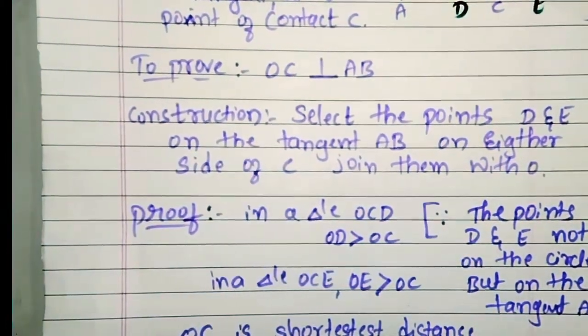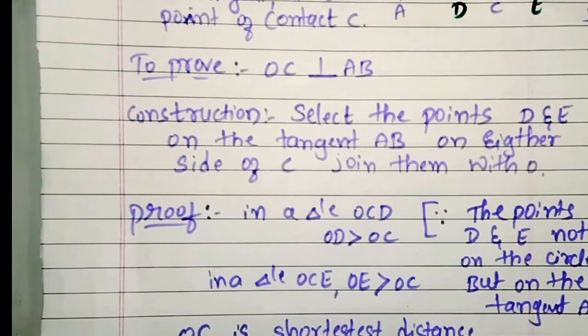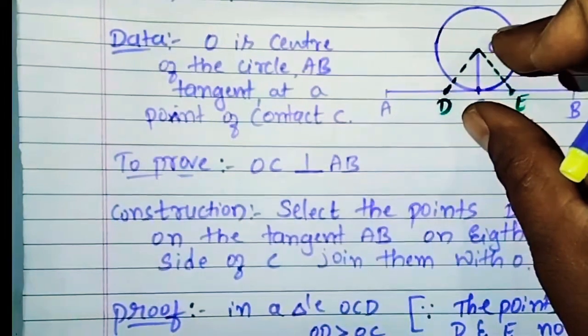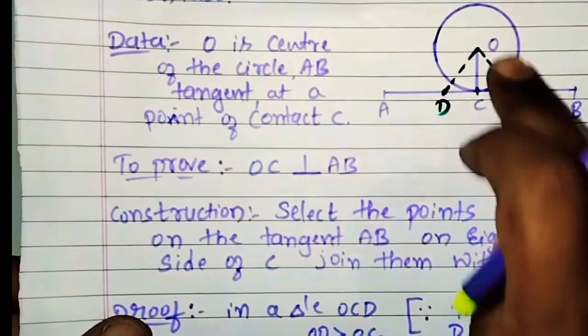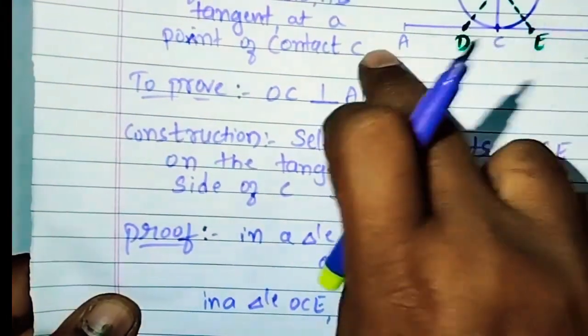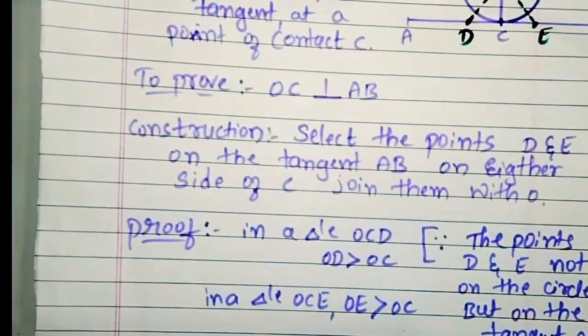So hence the proof. Like this we have to prove this theorem. Okay guys, this is very easy. Here what I proved: OC is the shortest distance from O, hence OC is perpendicular to AB. This was the proof.